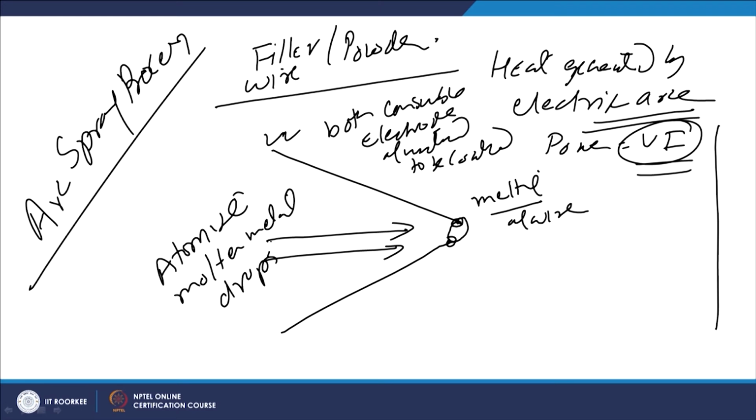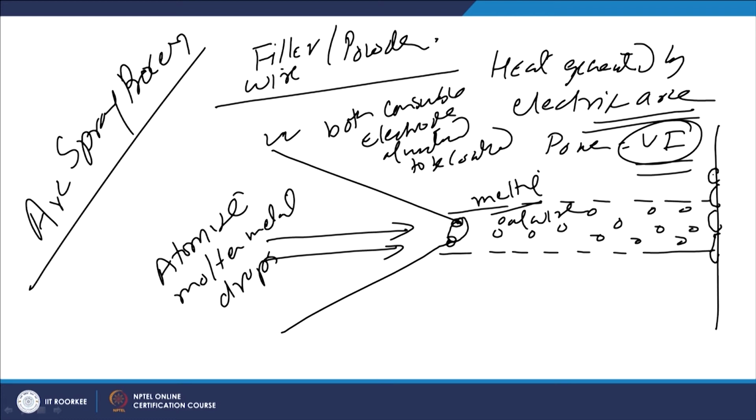So, a high pressure jet is used to atomize and accelerate this towards the surface of the substrate. Fine droplets of the molten metal are accelerated towards the substrate, where after impingement they get flattened in form of splats.